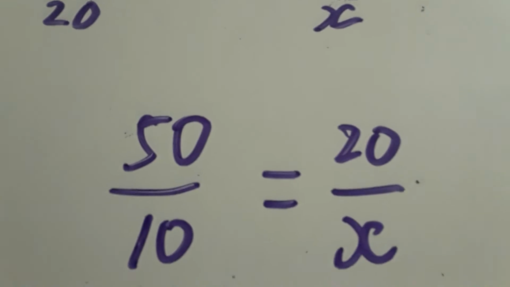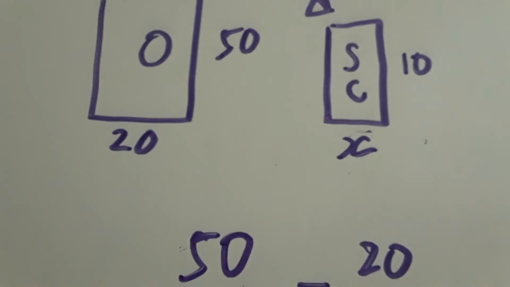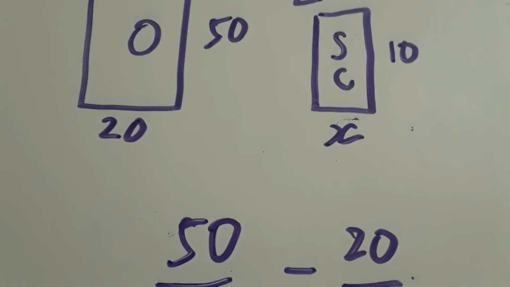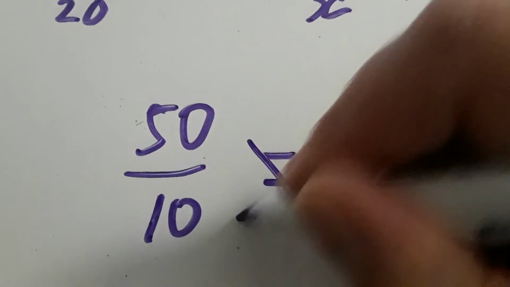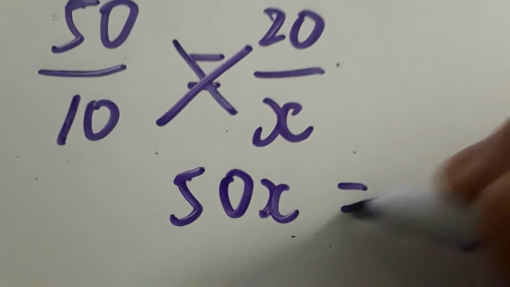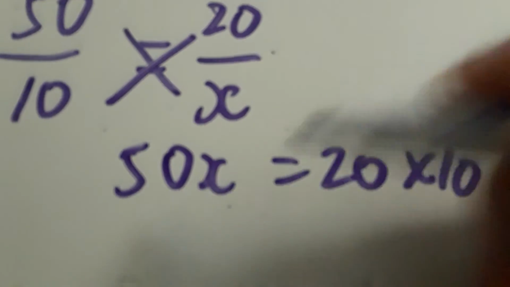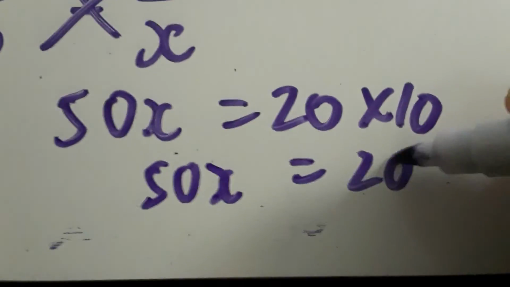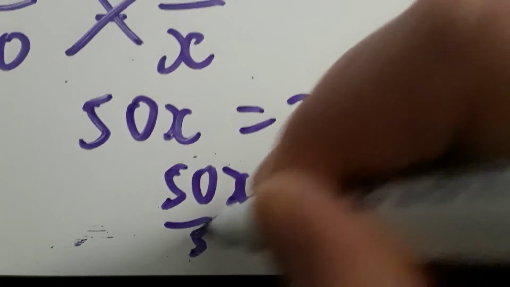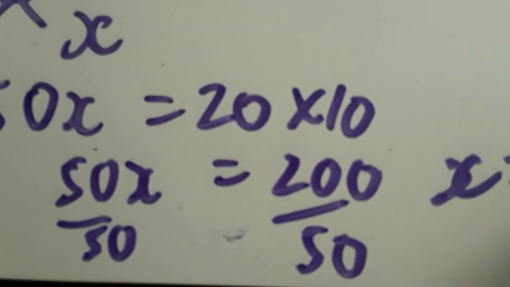So again, I'm setting up a proportion by comparing one side of a rectangle to the corresponding side of the other rectangle. Okay, so again, we cross multiply, and we're going to get the same thing we got last time. 50x equals 20 times 10. Again, 50x equals 200. Divide by the coefficient, and x will be equal to 4.